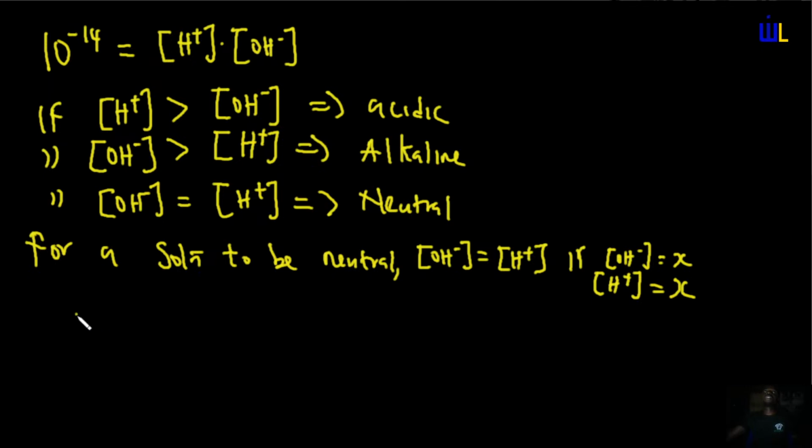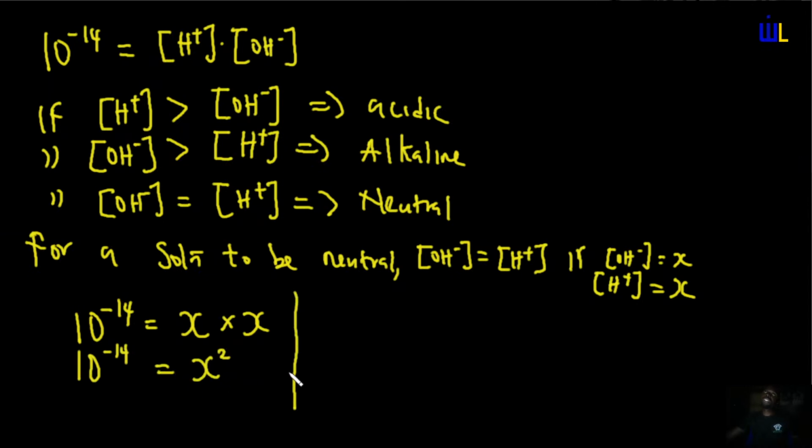So we'll now have 10 raised to power minus 14 equals the concentration of hydrogen, which in this expression is X, multiplied by the concentration of hydroxyl, which is X. Now X times X gives us 10 raised to power minus 14 equals X squared.